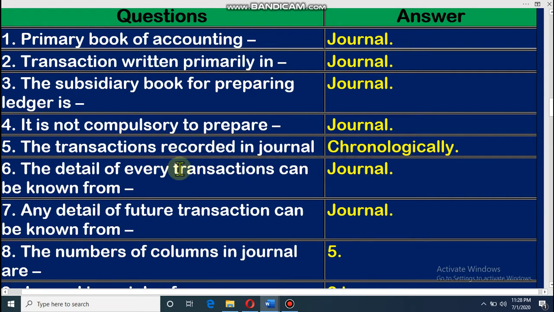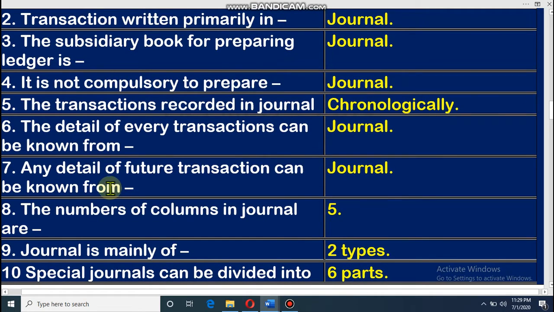Dear student, the detail of every transaction can be known from journal, because in journal we have to give an explanation for the transaction. That's why detailed information we can know from journal. It is not possible with the help of ledger. In ledger we will get the final answer. The details of future transactions can also be known from journal.